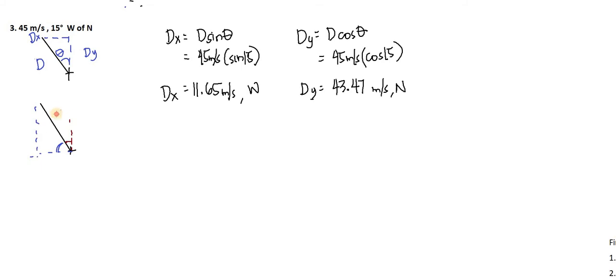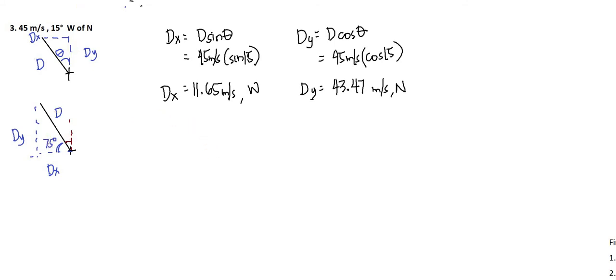So that we'll have here the D, and then this is your D sub X. And then this is your D sub Y. But here, ang gagamitin mo, of course, yung complementary angle ng 15. So that is 90 minus 15. So that is your 75 degrees. Okay?